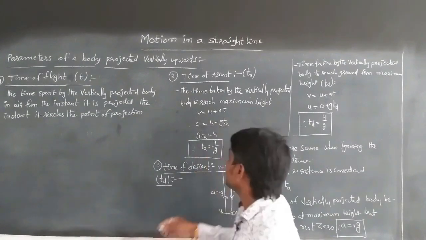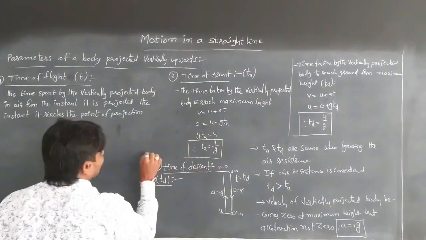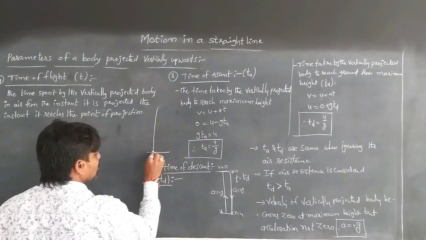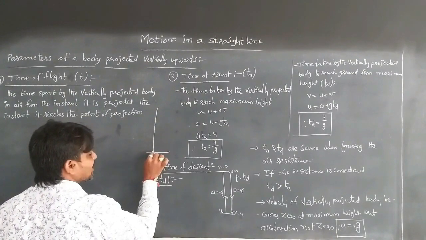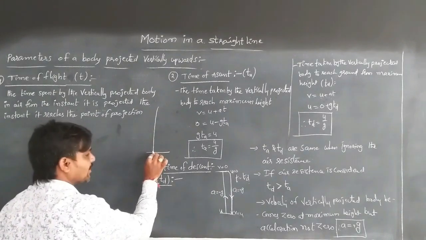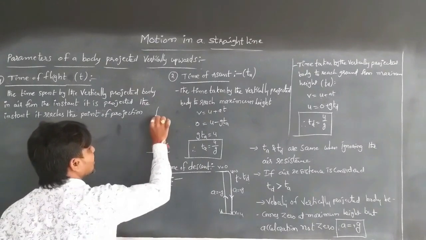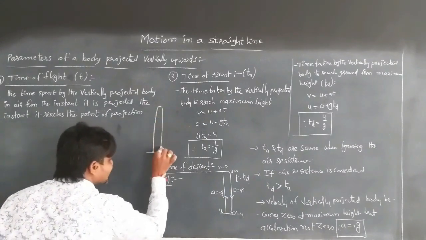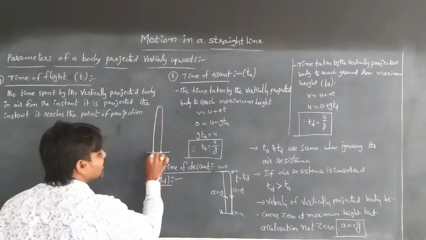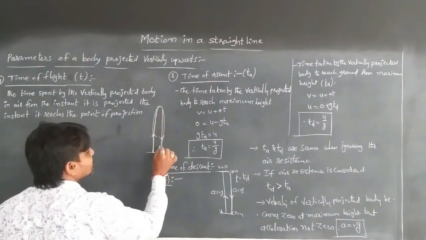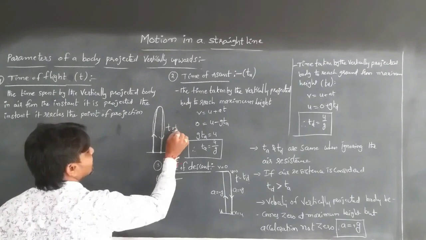So when the body is projected vertically upwards, this is the point of projection. The total time spent in the air from the instant of projection to the instant it returns to the point of projection is the time of flight.